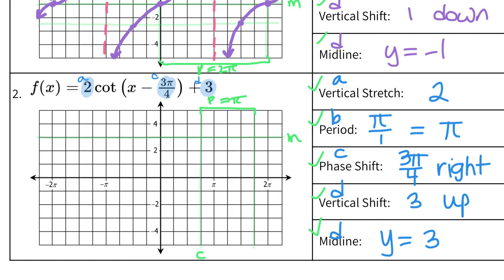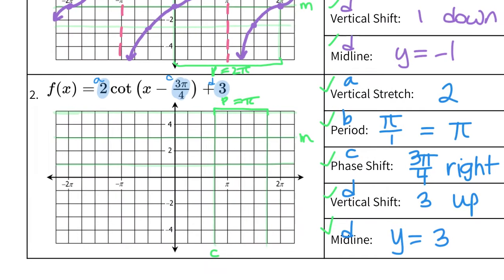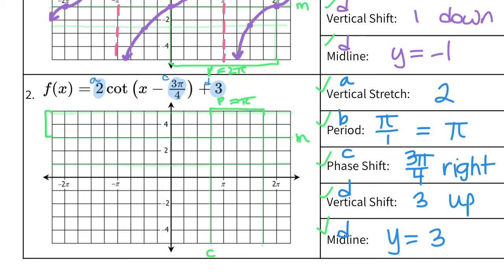And last, the vertical stretch is 2. Starting from that midline, our reference points are going to be 2 squares higher and 2 squares below. So this distance is 2. Okay, I think we have enough guidelines.